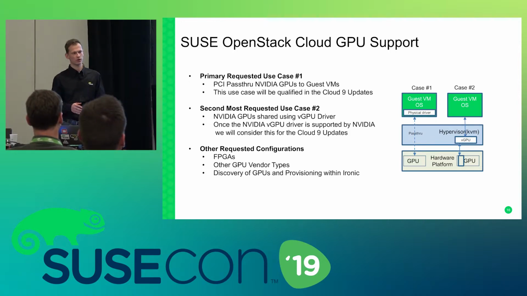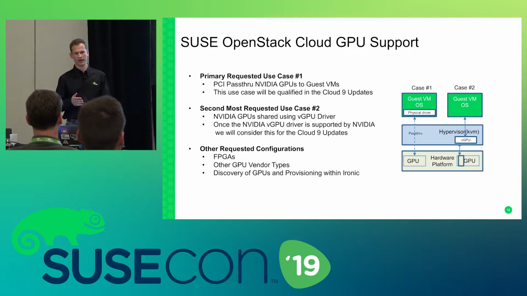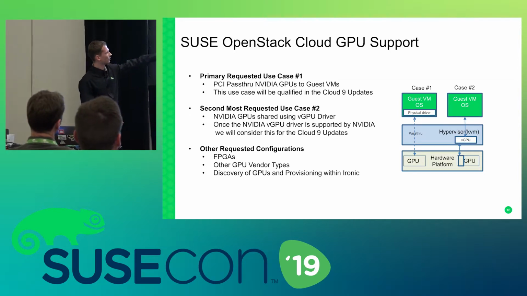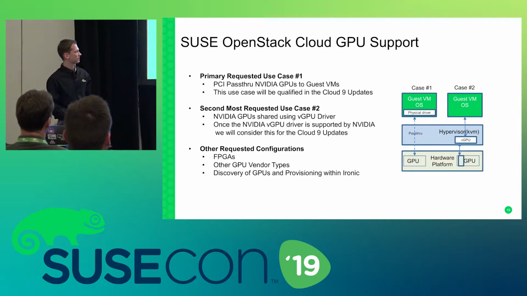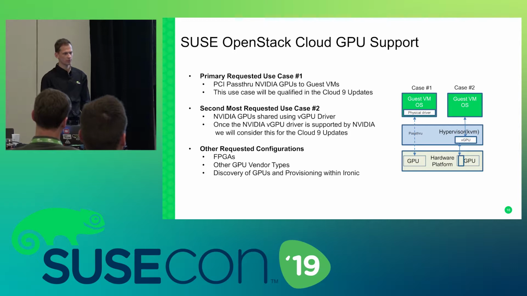There you have one GPU for one VM, so you need as many GPUs as guest VMs you want to run on OpenStack. If you look at the diagram in case 1, there you have this: one VM per GPU. And this we implement via OpenStack flavors.